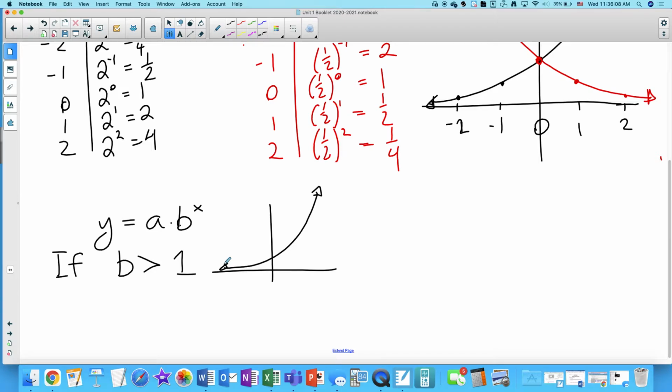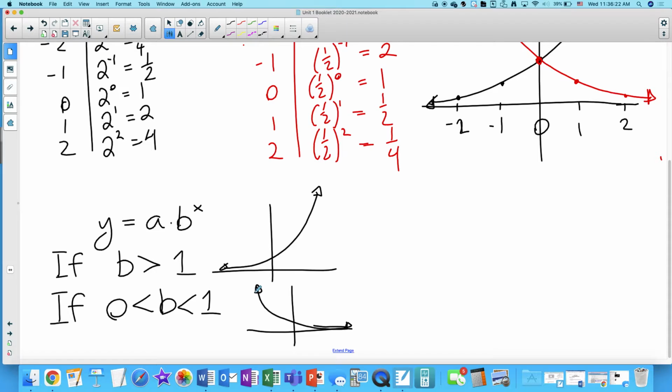And if the base was between 0 and 1, we got this picture. So that was one thing we were really interested in.